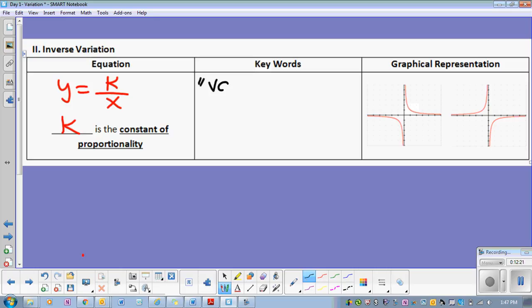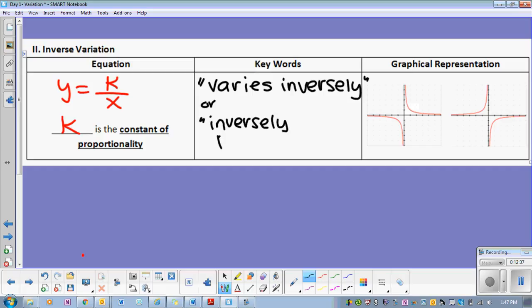Yeah, varies inversely. Good. Varies inversely or inversely proportional.